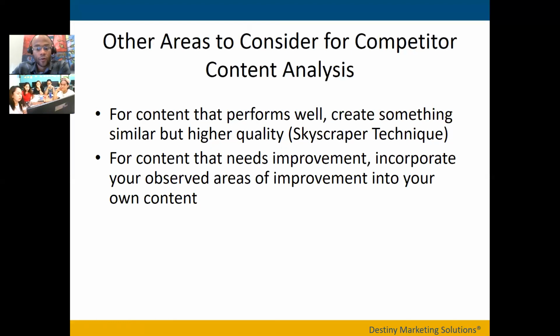For content that needs improvement, incorporate your observed areas of improvement into your own content. Going back to our previous example, it doesn't have to be as obvious as a gift guide that's outdated, but let's say you're writing something about email marketing. And let's say several countries passed a law where it's illegal to email someone after 9 p.m. Let's just pretend.